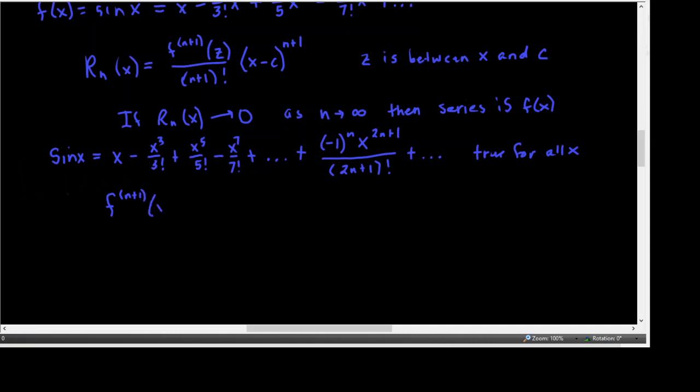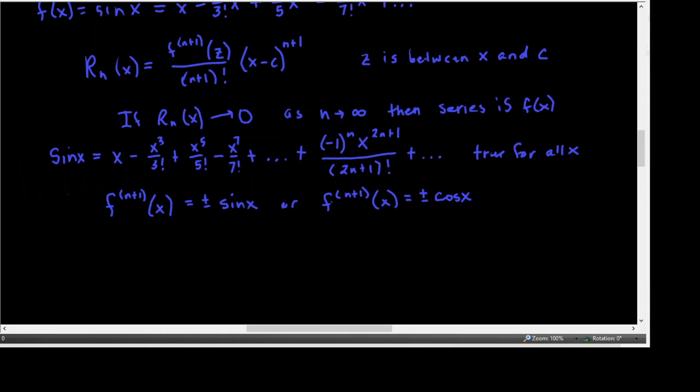Okay, so it's either equal to positive or negative sine of x, or it's equal to plus or minus cosine of x. That's all the possibilities that exist for derivatives of sine.